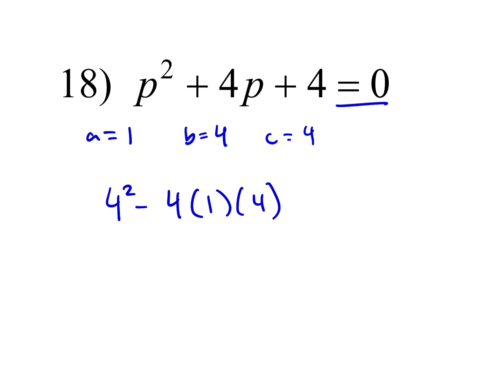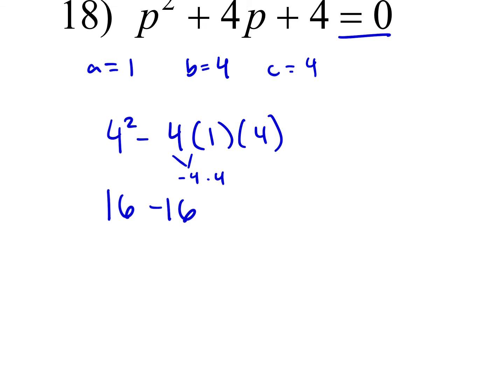So 4 squared is 16. -4 times 1, -4, and -4 times 4, -16. What's 16 minus 16? 0. So 0 is my discriminant, and how many solutions do I have? 1 real solution.